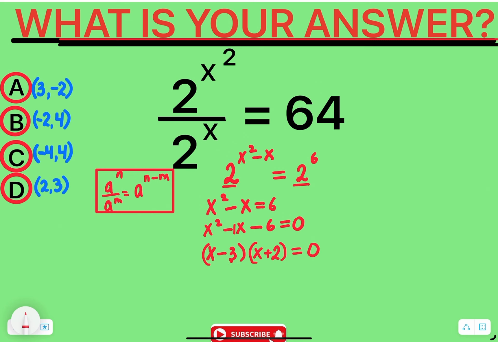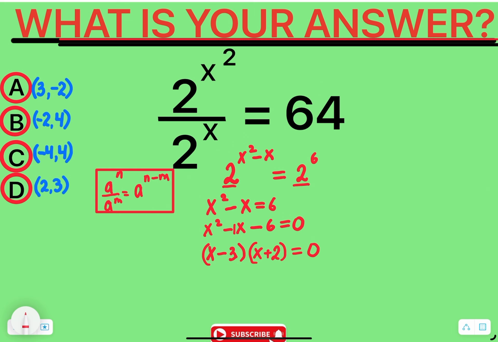Now let me show you. If I multiply negative 3 with positive 2, I will get negative 6. If I add them together, minus 3 plus 2 equals negative 1. This is one of the ways to solve the quadratic equation, the easy way.